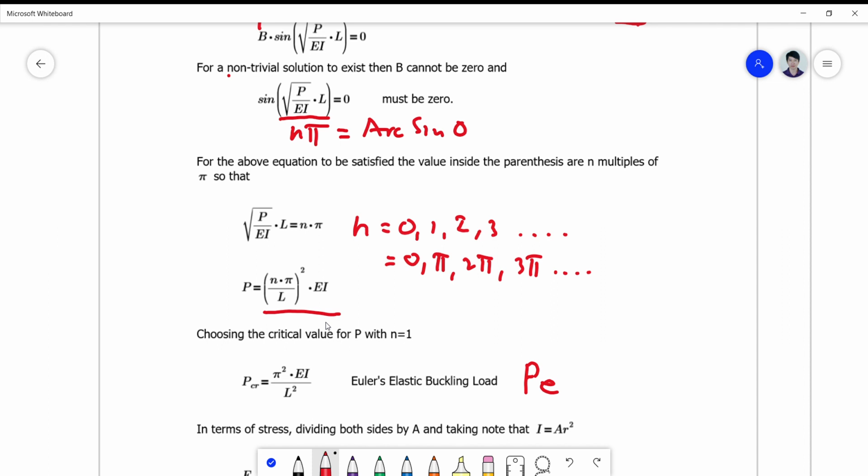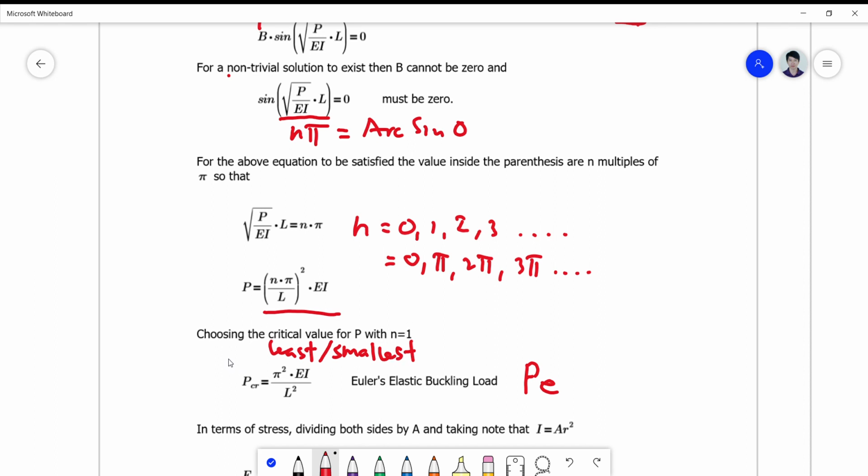And if we choose a critical value, meaning to say we choose the least, the critical value is the least or the smallest value that the column can carry, which will give you n equals 1.